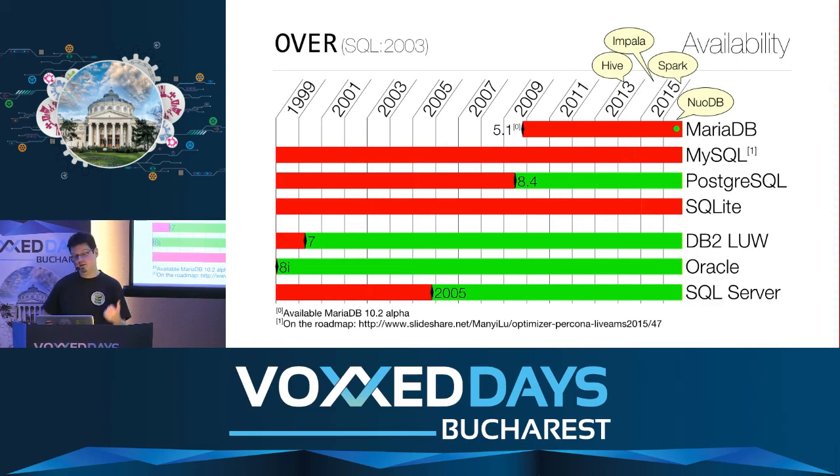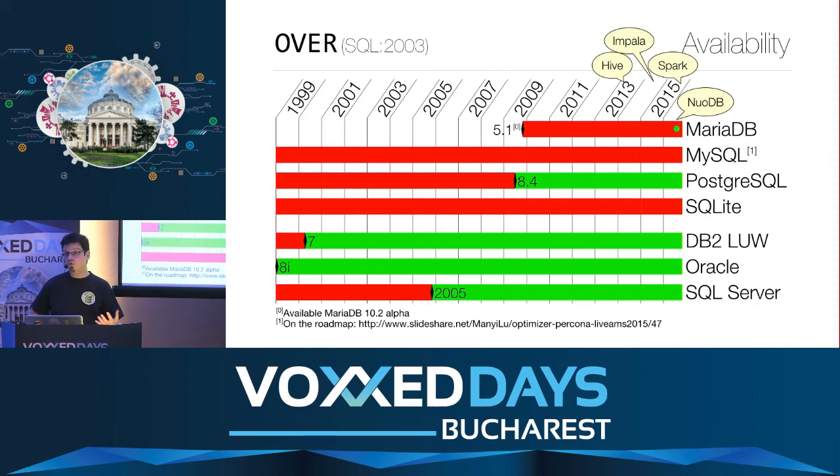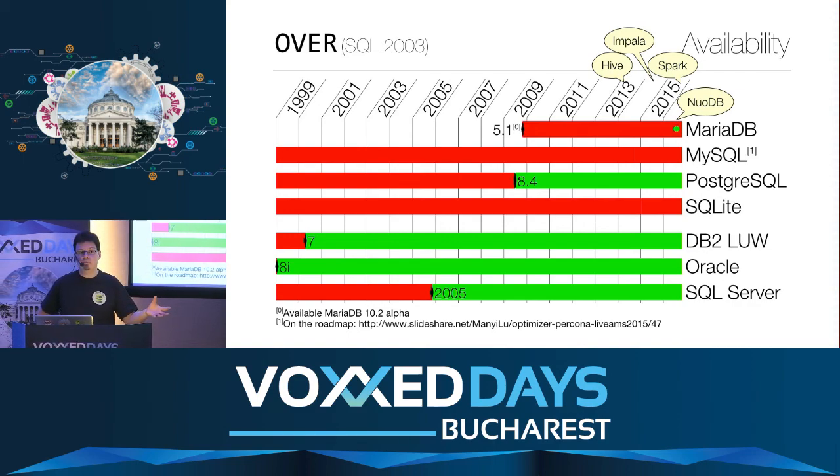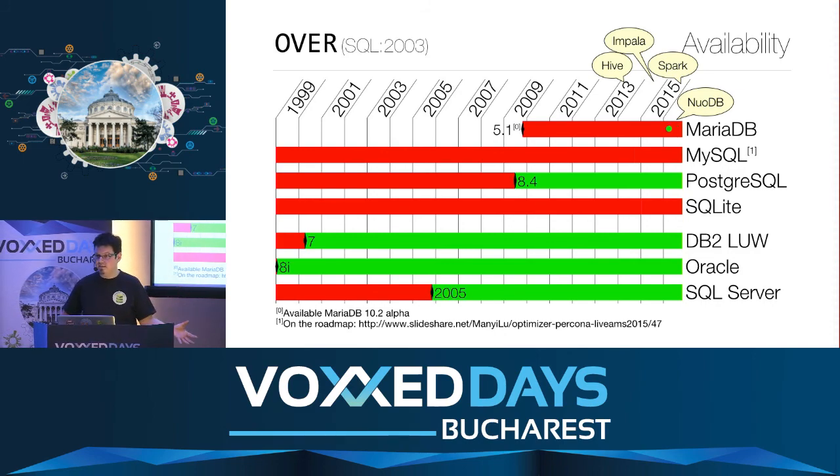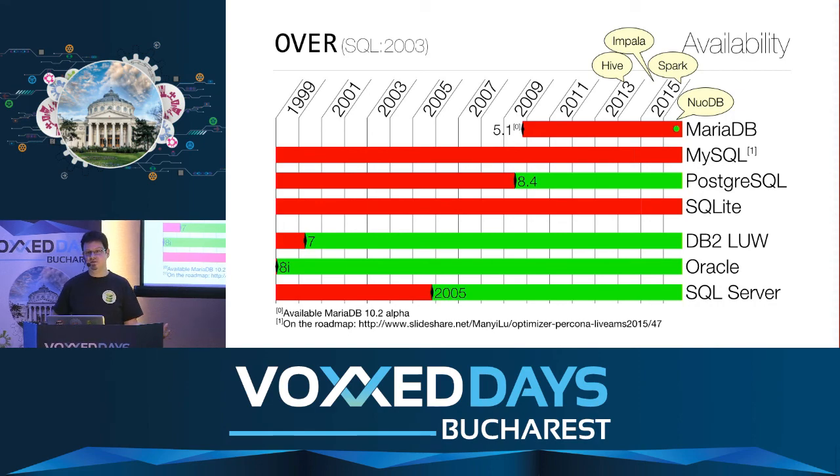I've seen many presentations of these databases that introduce features in a different syntax than standard SQL, although standard SQL has a solution for the problem they are solving. It's okay to invent something new if SQL doesn't have a feature for that. But SQL has a feature for many, many things. And if you're doing something that looks like SQL, then you should try to stick as close to SQL as possible. And the NoSQL vendors are not doing that, unfortunately.